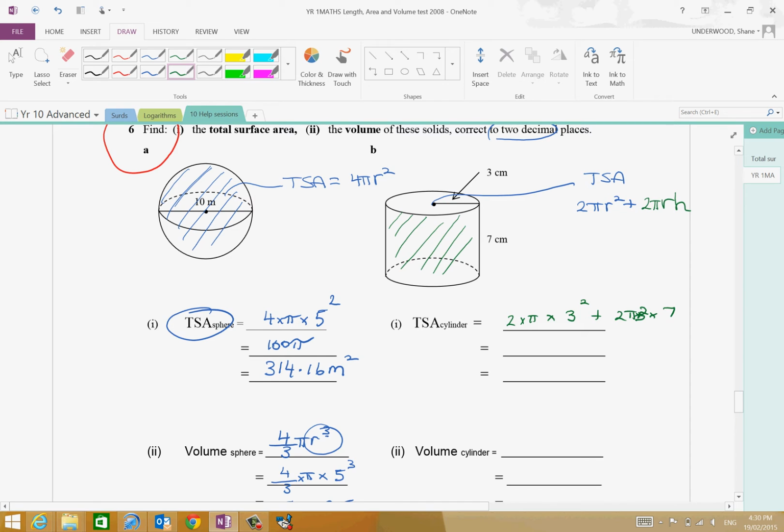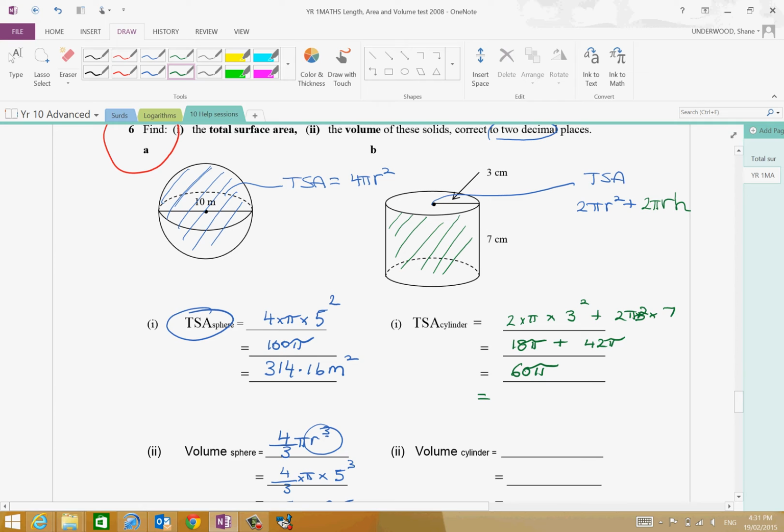That's 9 times 2, so 18 pi, plus 7 times 3 is 21 times 2 is 42. I don't even have to do anything because that's 60 pi. 18 plus 42 is 60.